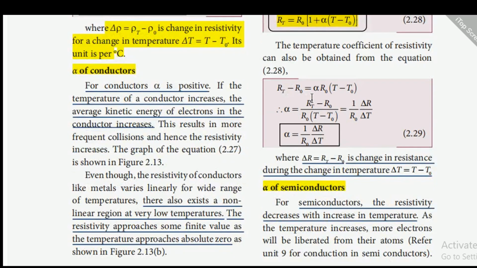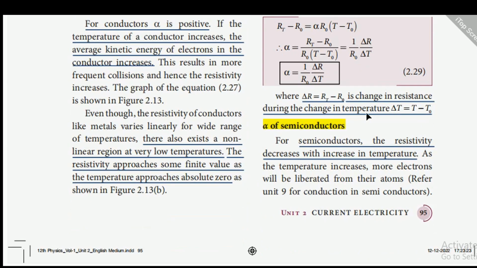So RT − R0 equal to α R0 (T − T0), and α is given by (RT − R0) by R0 (T − T0). That's given by 1 by R0 into ΔR by ΔT. So the temperature coefficient of resistance is given by α equal to 1 by R0 into ΔR by ΔT, where this ΔR is given by RT − R0. This is the change in resistance during the change in temperature ΔT equal to T − T0.